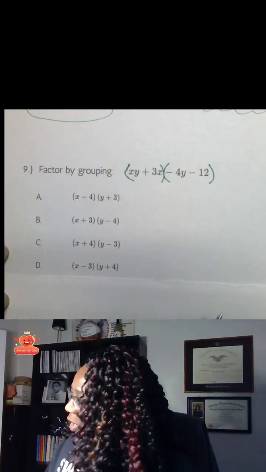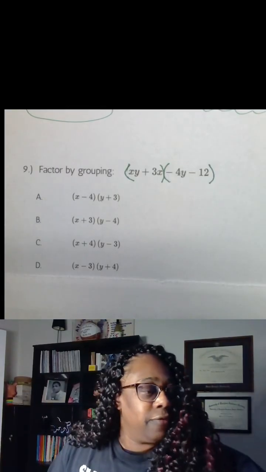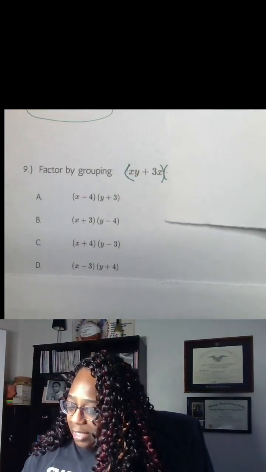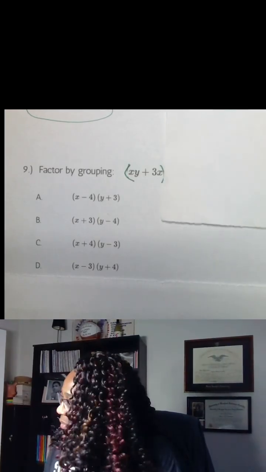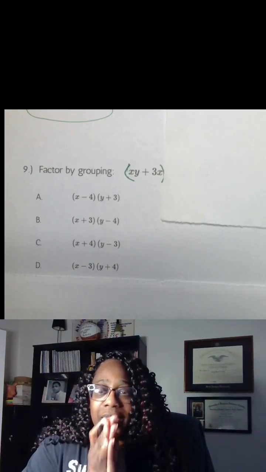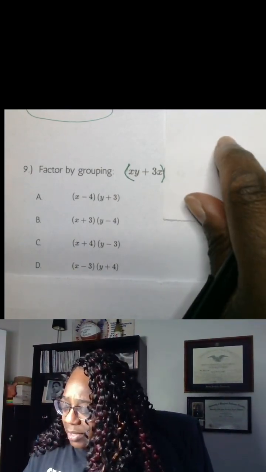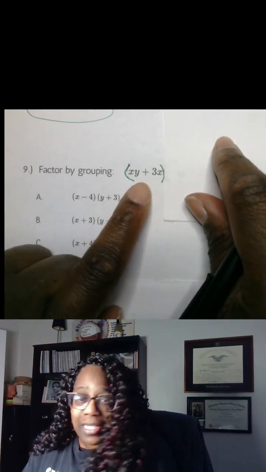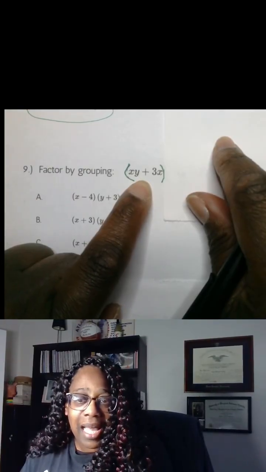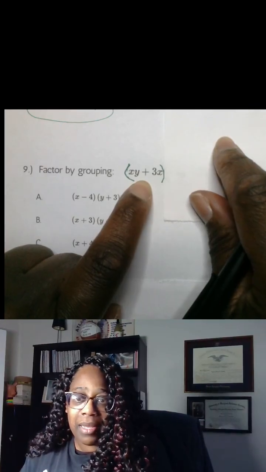So we are going to look at each of the parentheses. Let me see if I can find my small slips of paper. Taking the first parenthesis, we want to find the GCF of each parenthesis. Just in this parenthesis alone, what do they have in common?